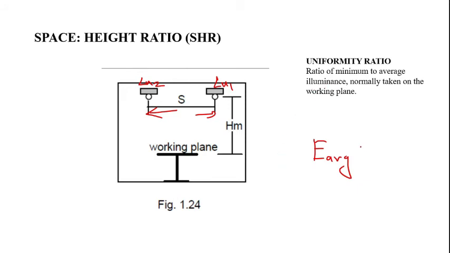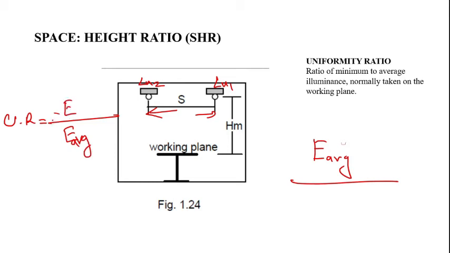The uniformity ratio UR is the minimum to average, so the average will come in the denominator. We take the average of all the values of illumination measured in lux and keep it in the denominator as E average, and we take the minimum value of illumination on the working plane, E min.